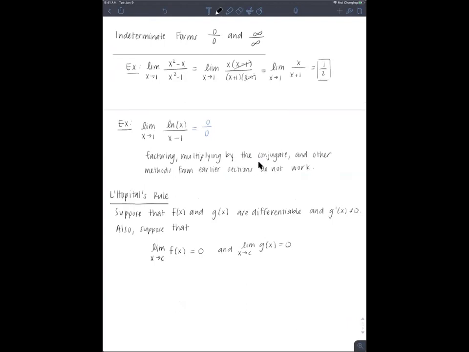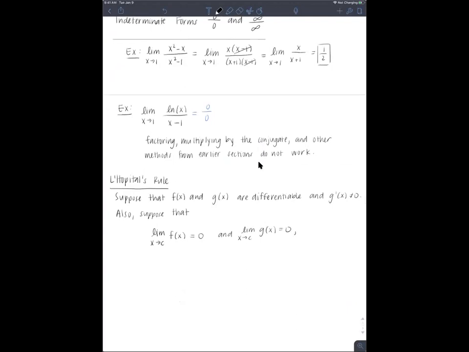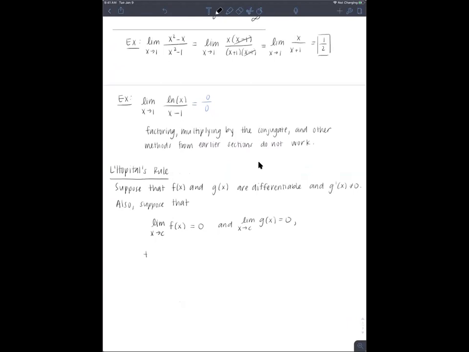Then what L'Hopital's rule really says is that the limit as x approaches c of f of x over g of x is equal to the limit as x approaches c of f prime of x over g prime of x.